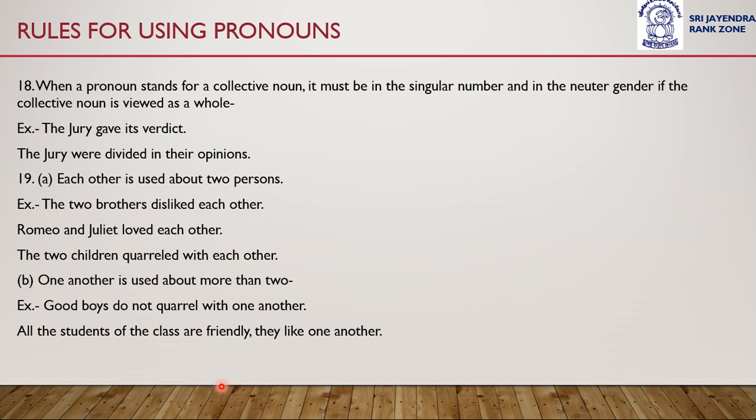Rule number 18. When a pronoun stands for a collective noun, it must be in the singular number and in the neutral gender if the collective noun is viewed as a whole. So if we are taking a collective noun as a whole, then a singular number and the neutral gender must be used.